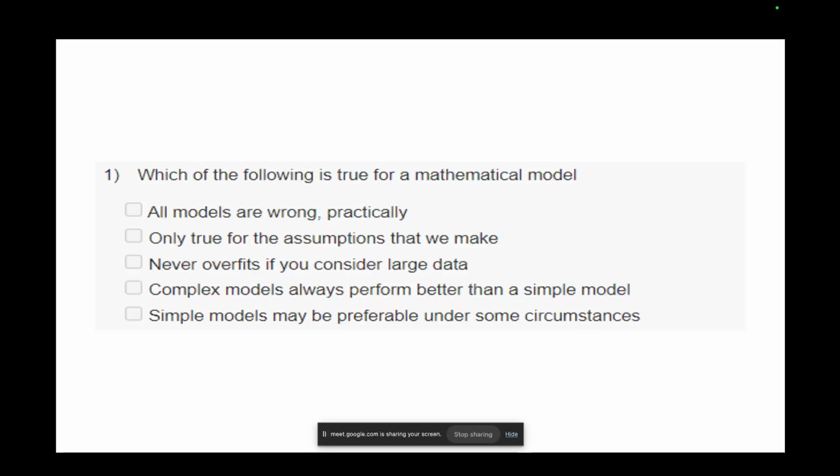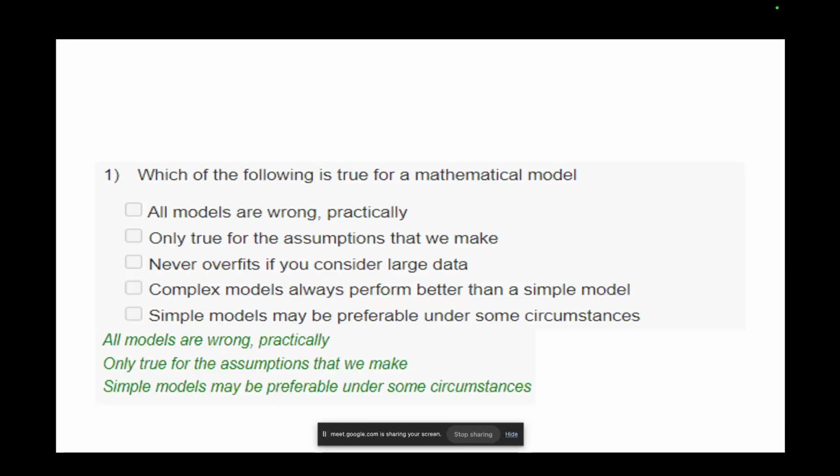The question is: which of the following is true for a mathematical model? These are the answers. Firstly, all models are practically wrong, because you cannot expect to translate such a complex system into 5 or 6 equations. It's never possible. There will always be parts you're missing out, and technically your model will always be wrong. How wrong will depend on you, on how close you can make the model to the actual system.